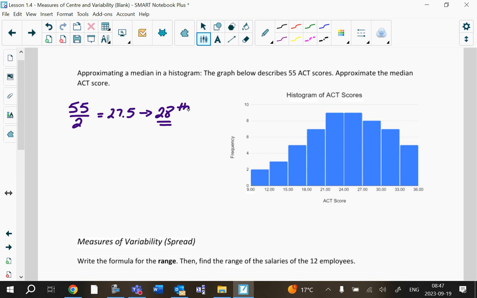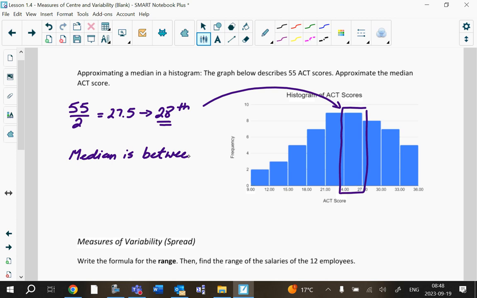This 28th must be in the next one somewhere. So what I can say is the median is between 24 and 27, because the 28th position will be in that bar. I don't know exactly what it is, because remember, histograms don't tell me individual data values. It's between 24 and 27.